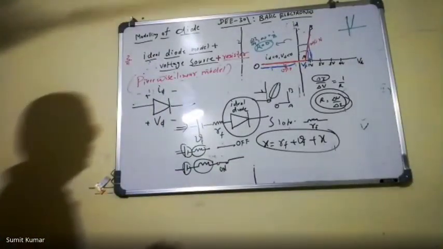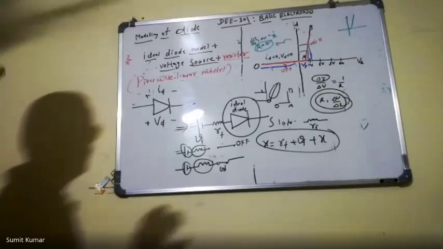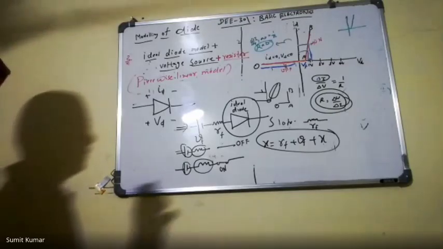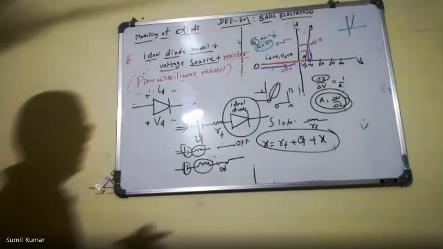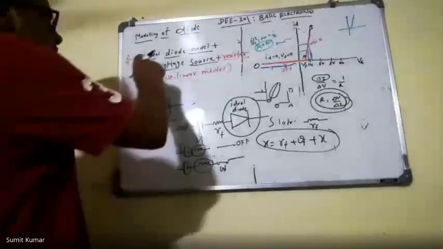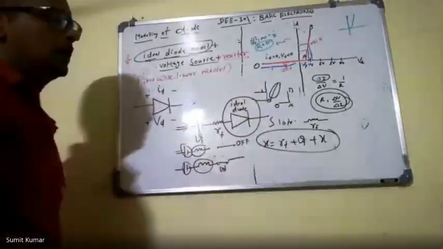So we will use the ideal diode model. That's why you need to understand the ideal diode model, how we are modeling it, and how we are saying it is on and off, because the remaining two models always use this ideal diode model, plus some constants.